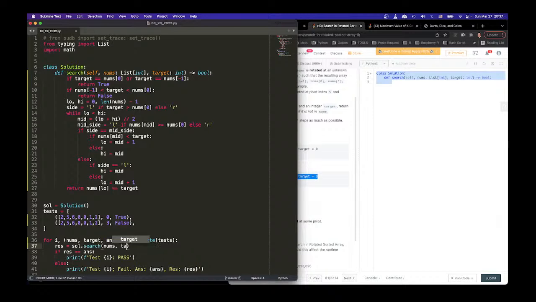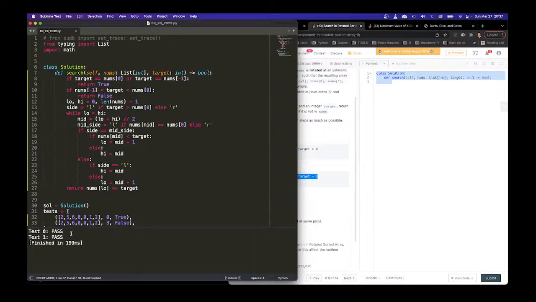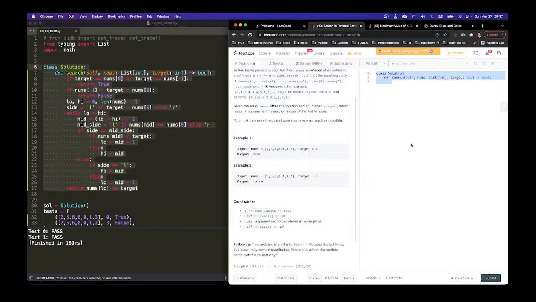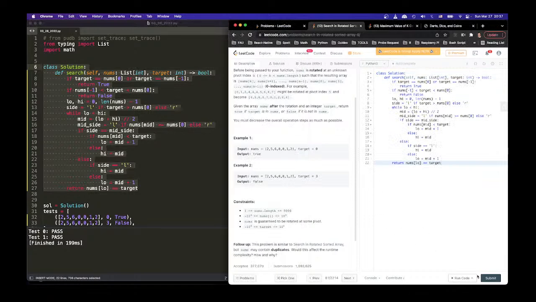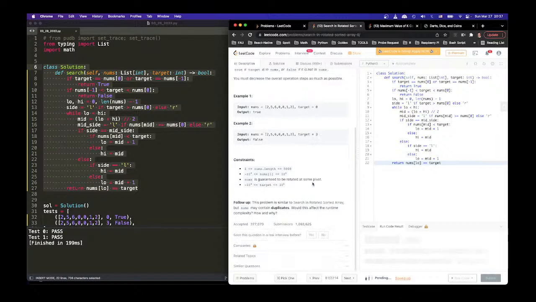Such pass. I am a little bit afraid. Oh, I should have put more test cases out there.